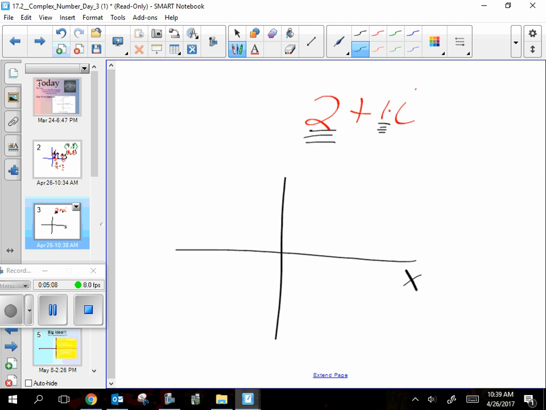And we'll say that the x is this part and the y is that part. And so you graph them x on the x-axis and yi on the y-axis. So if I was going to graph 2 plus I, I'd just go over 2 and up 1. Boom. Done.